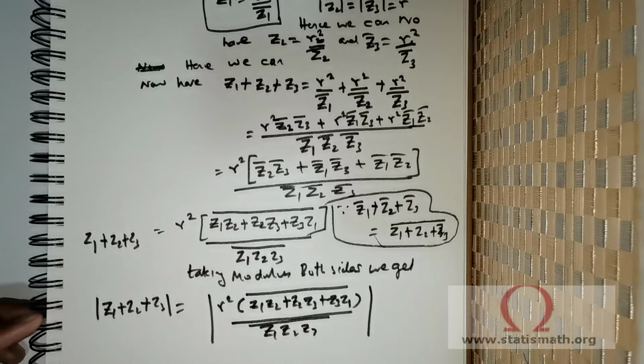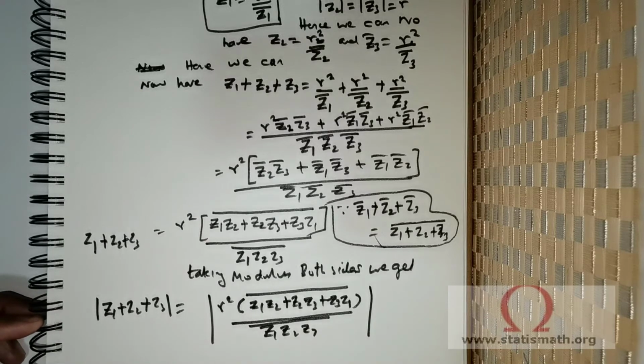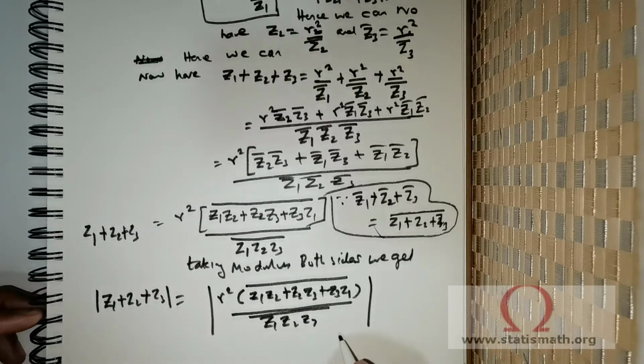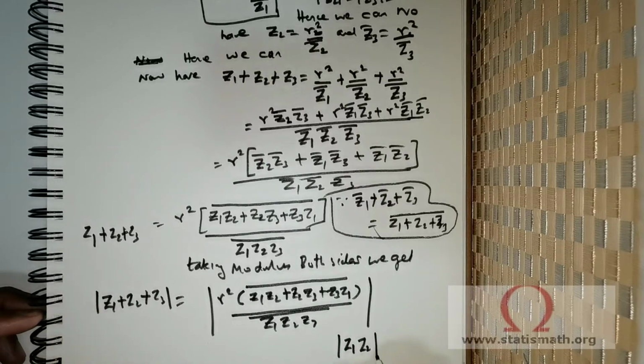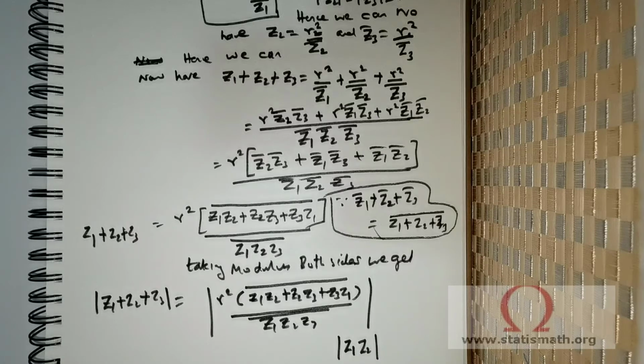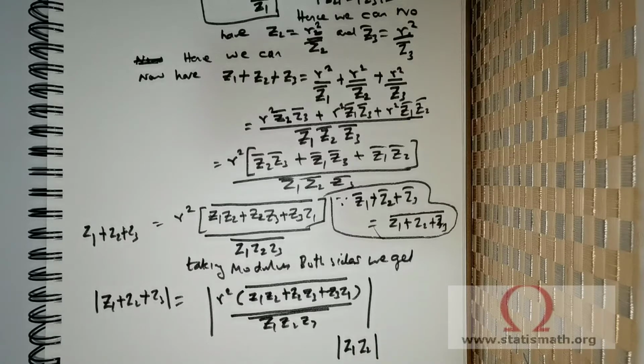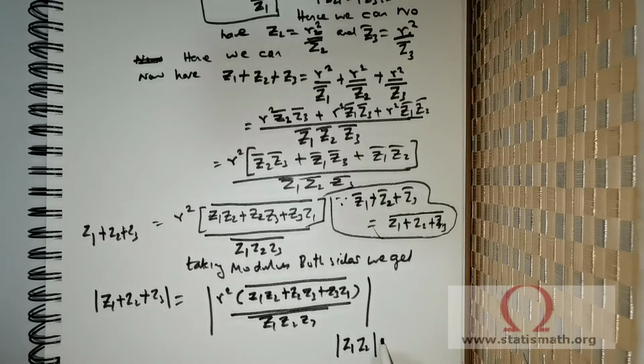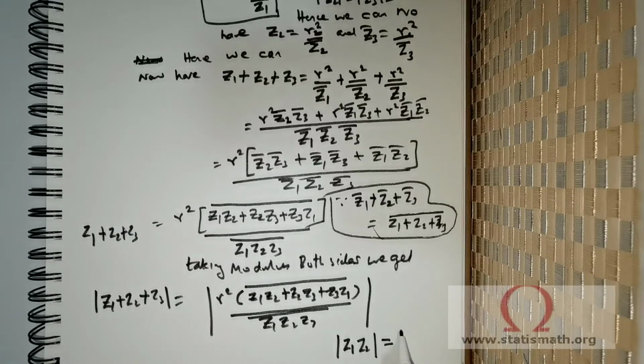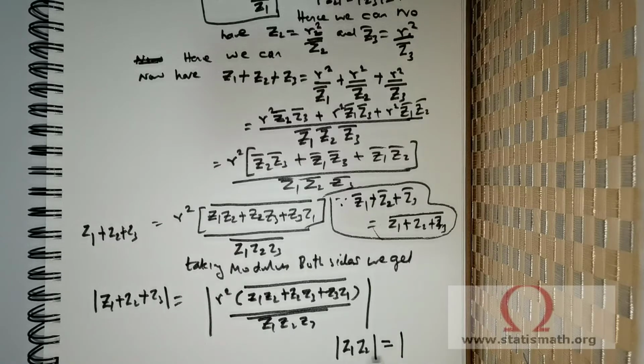So this is what we have got. Now you have to understand that we have a property for modulus of z1 z2. I can rewrite this as the product of the quantity z1 with its modulus multiplied with z2.